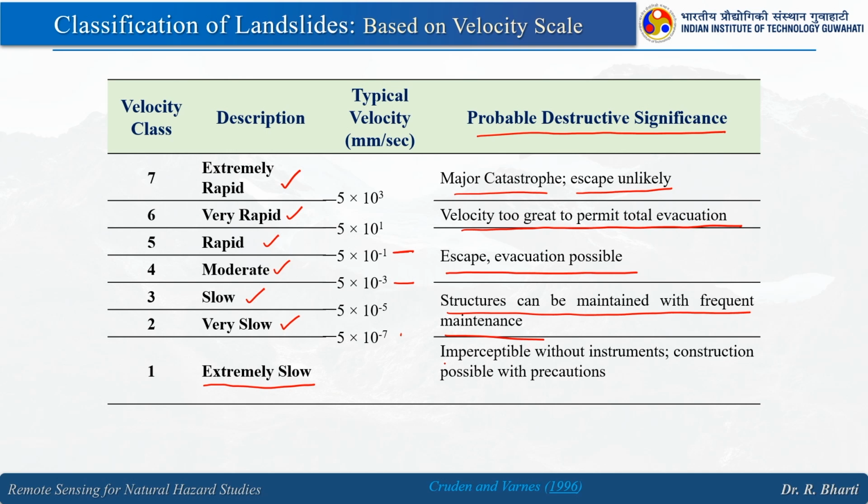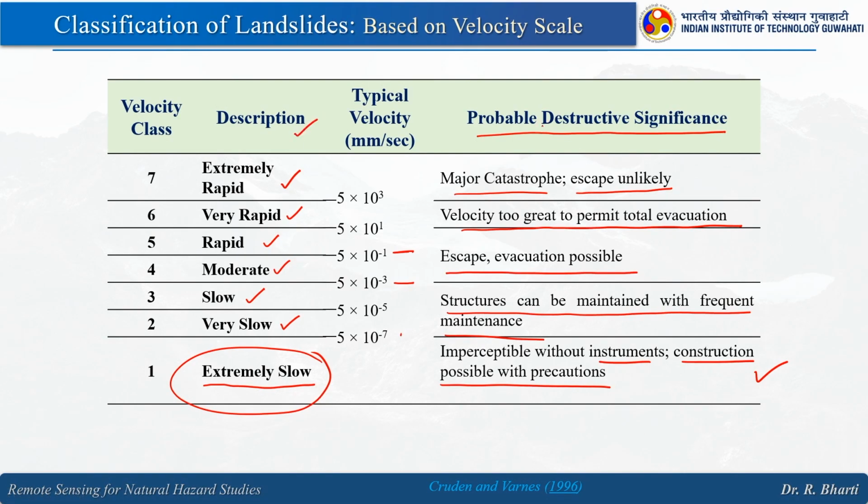Then you have construction possible with precautions. So, here this is the safe one, because here we are talking about the extremely slow. We will see one by one when we talk about the types of landslide. So, here this is the description and this is the velocity, here you have the significance, right.